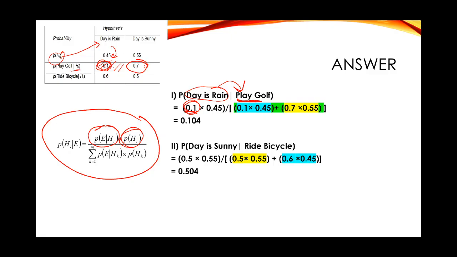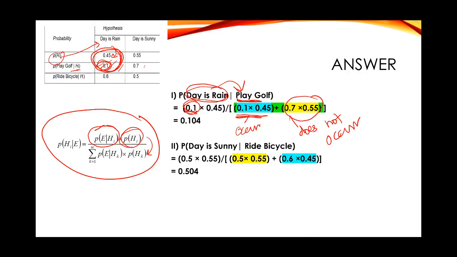Another question. Okay, so go back to our formula and then we are going to divide it by event occur or event does not occur. Meaning that one is when day is rain with play golf, while this one, event does not occur, meaning that day is not raining.